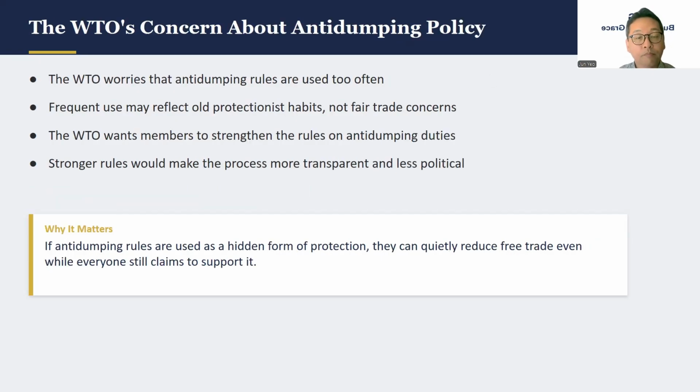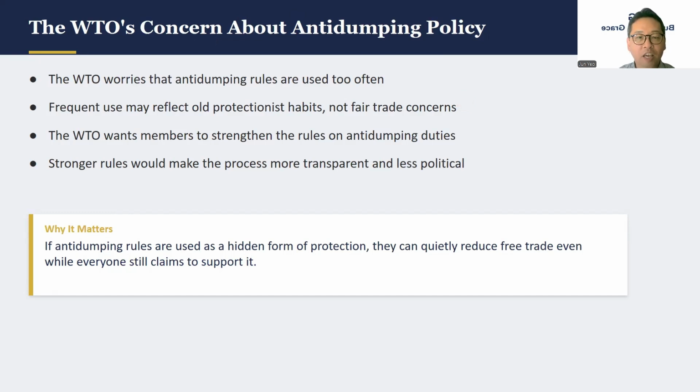The World Trade Organization, or WTO, keeps a close eye on anti-dumping actions. The WTO is worried about how often countries use this tool. This heavy use suggests that old protectionist habits have not disappeared.